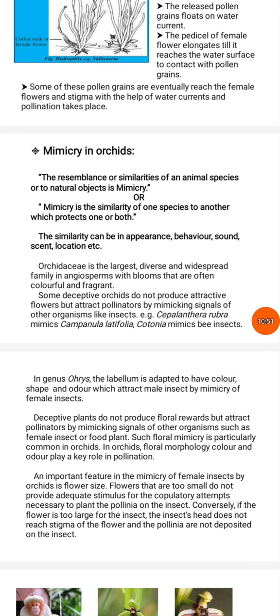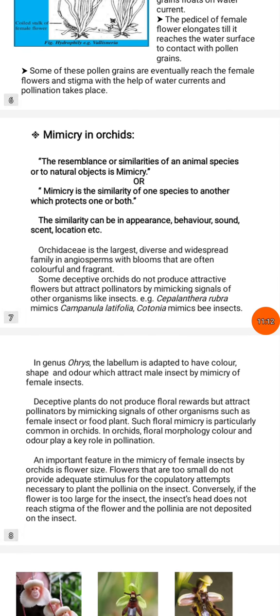The next point is mimicry in orchids. First of all, we will see what is meant by mimicry. The definition: the resemblance or similarity of an animal species to a natural object is mimicry. Or again, a simple definition: mimicry is the similarity of one species to another which protects one or both.